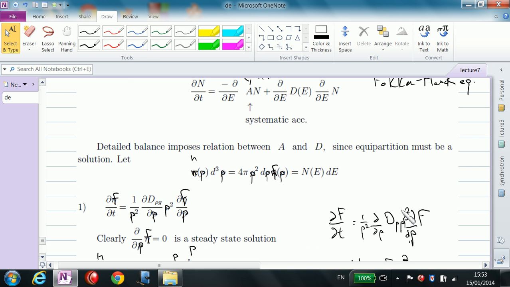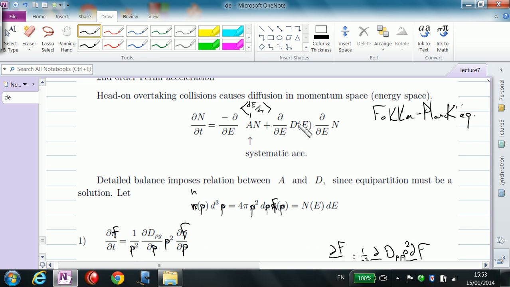And once I know that, then I know the relation between A and D. I pick A with respect to D such that the equipartition solution is always a steady state solution. So when I stick p squared into here, the right hand side should always be 0, and that fixes A relative to D.